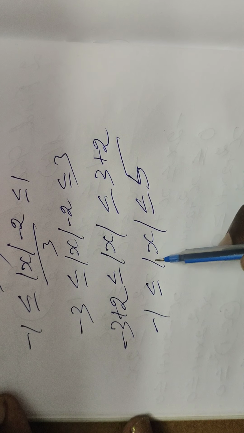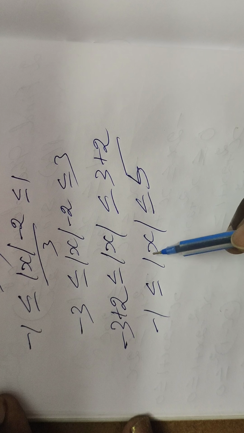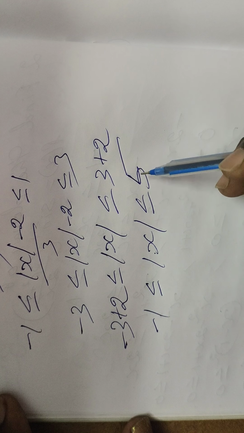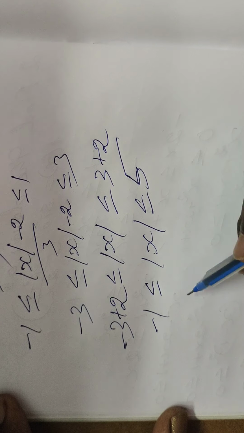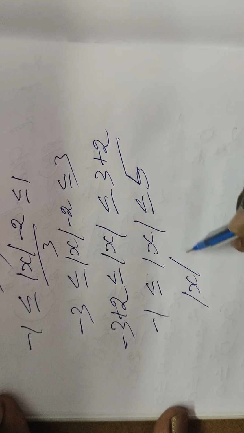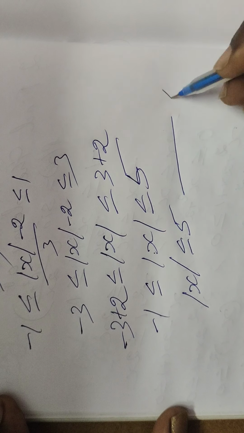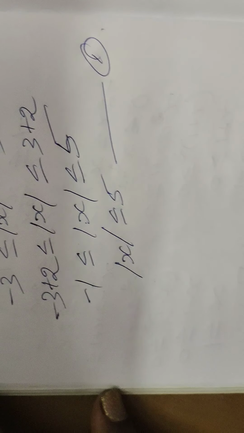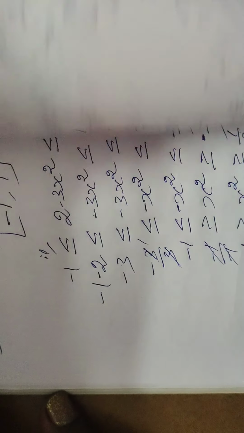So modulus of x must be greater than or equal to minus 1 and less than or equal to 5. Usually this can be written as modulus of x less than or equal to 5. Equation number 1. Okay.